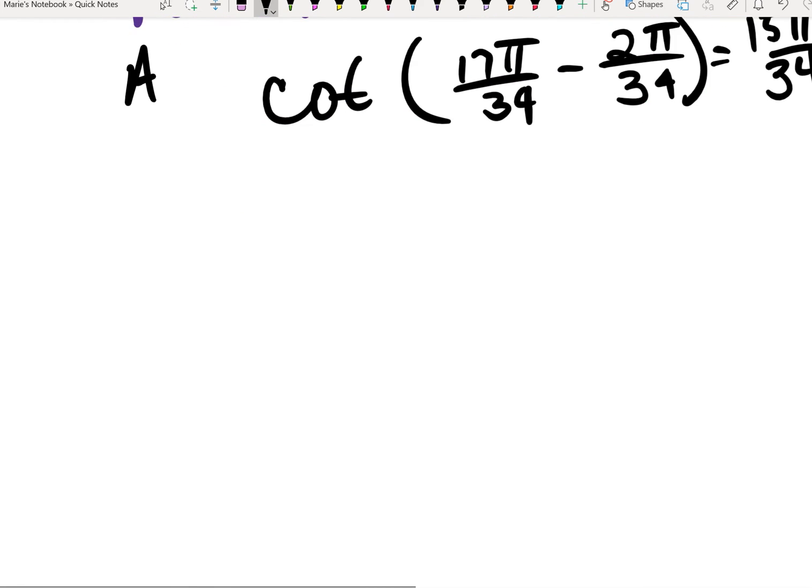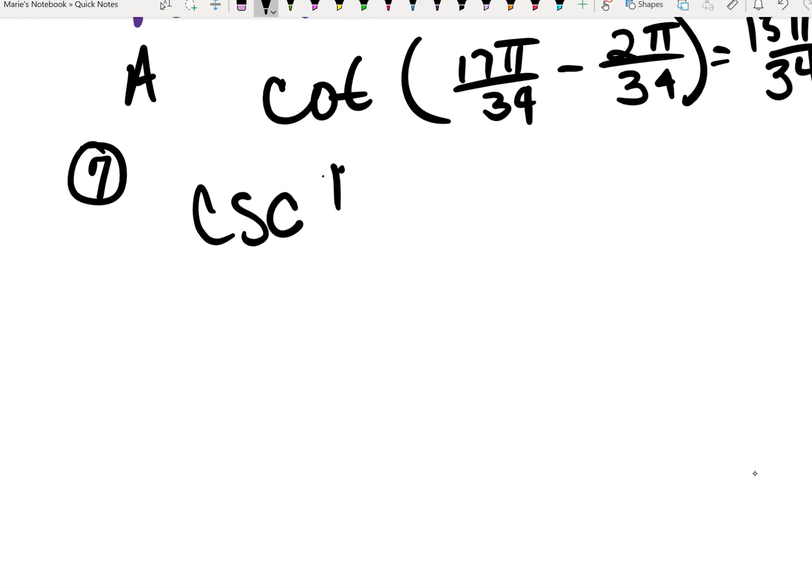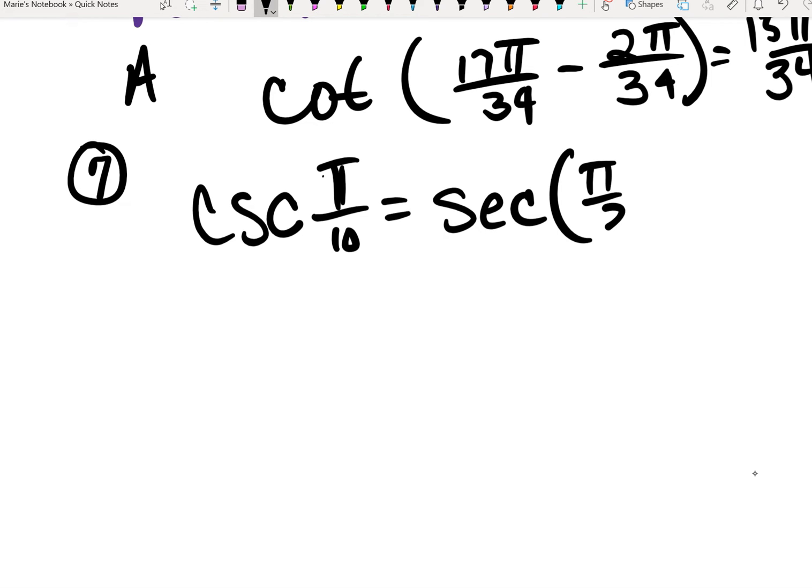Alright, looking at number 7. You have cosecant of pi over 10. If you remember, cosecant goes with secant, so in this case this will become secant of pi over 2 minus pi over 10. Again I need a common denominator, so I will multiply this by 5 here and here.